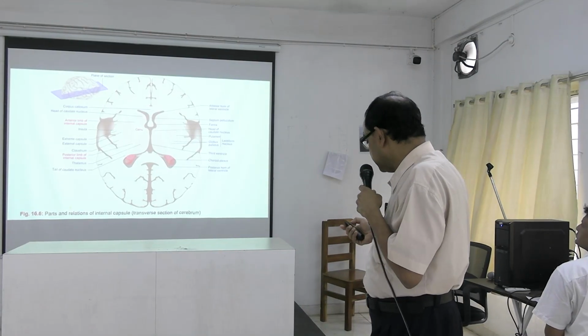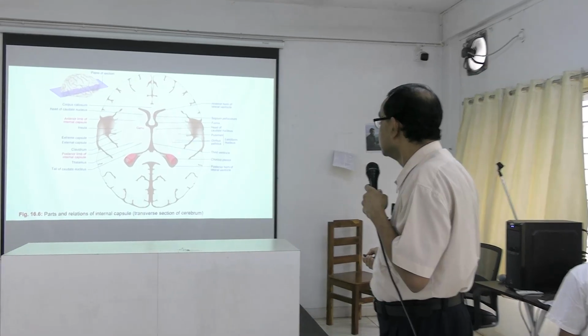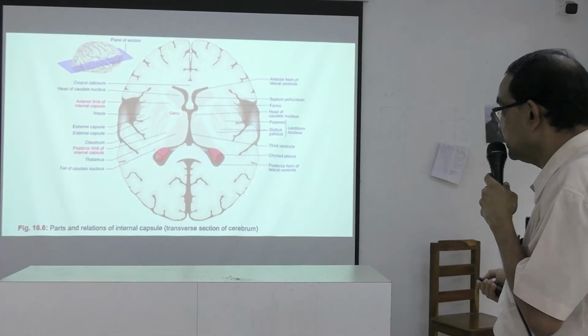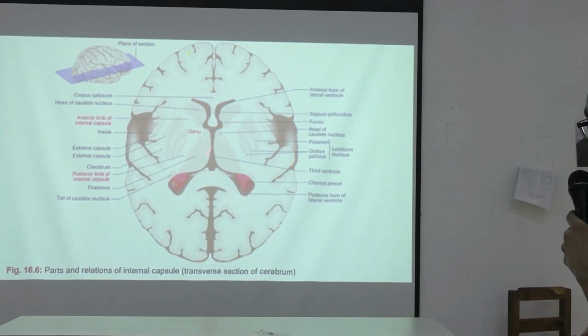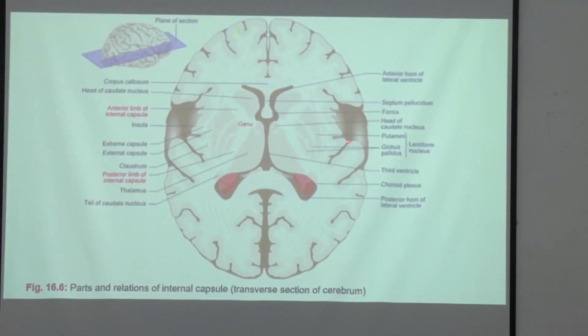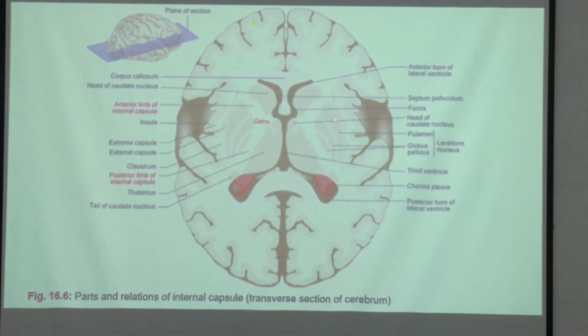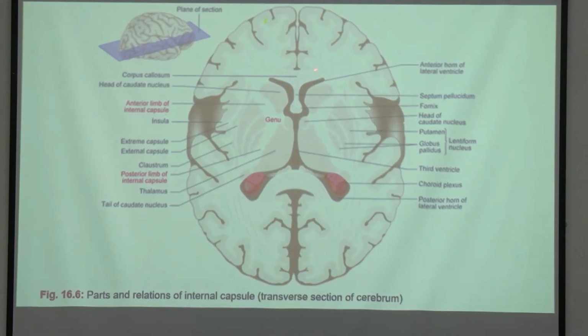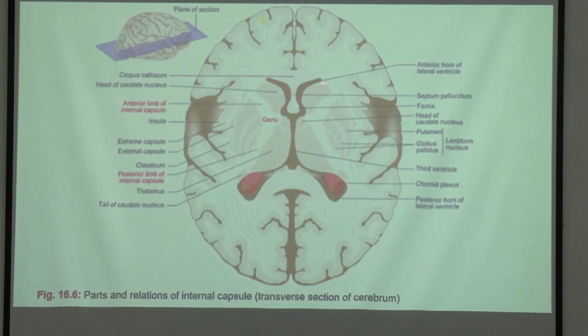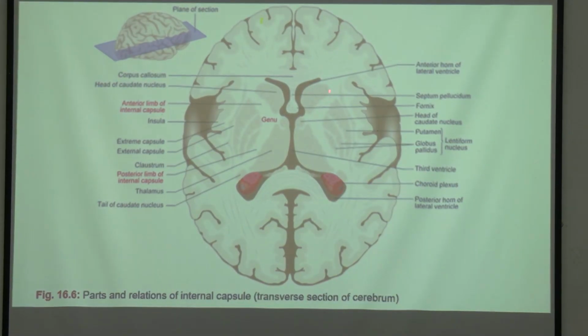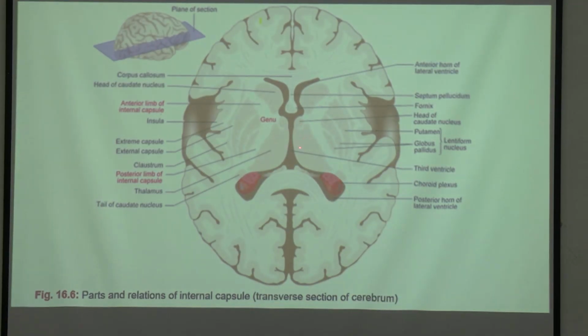Now we can find this area. This is the coronal section, or the horizontal section. Most medially, this gray area is the caudate nucleus, and this is the thalamus behind. Laterally we can find the lentiform nucleus.